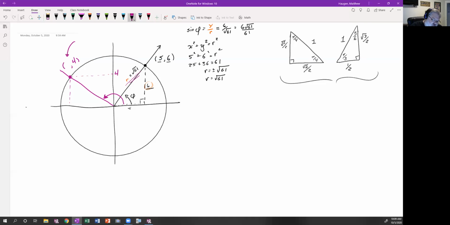Could we compute that x value? I want you to take a moment and do that. There's an issue that's going to come up that I want to see how you guys respond to. So take a minute, knowing that the radius here is the square root of 61, and compute that x value.